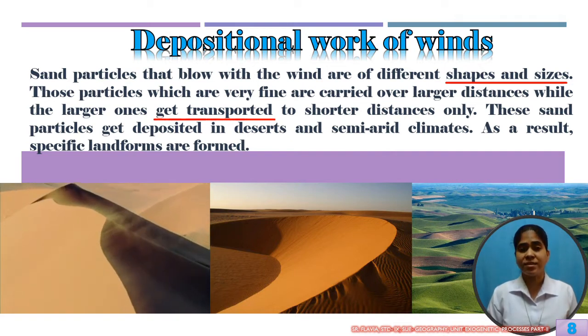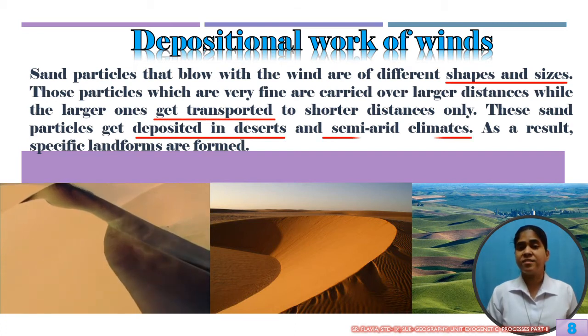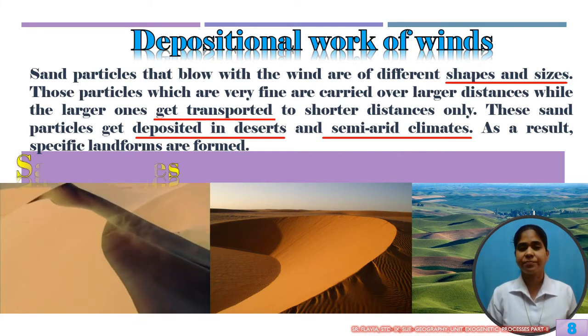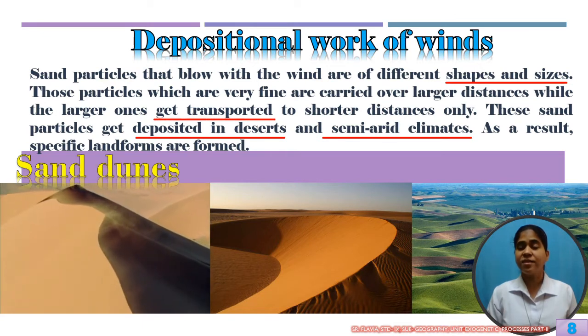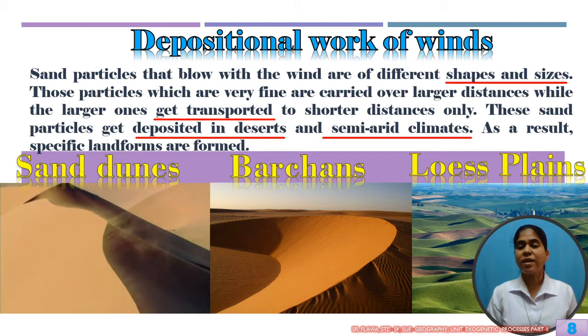These sand particles get deposited in deserts and semi-arid climates. As a result, specific landforms are formed, namely sand dunes, barchans, loess plains.